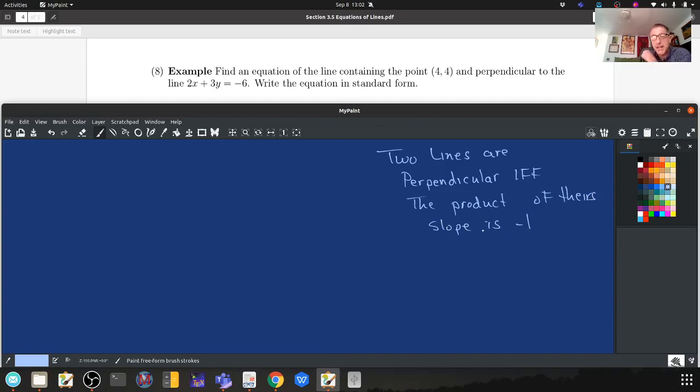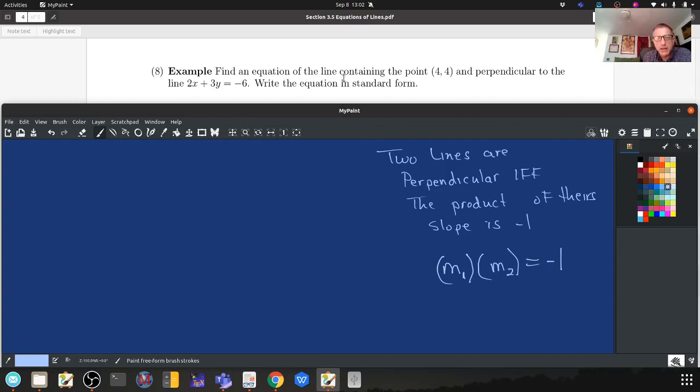Another way to say that is if M1 is one slope, then minus 1 over M1 has to be the other slope. But this is easier. If M1 is one slope and M2 is another slope, then the product means when I multiply them together, I get minus 1.